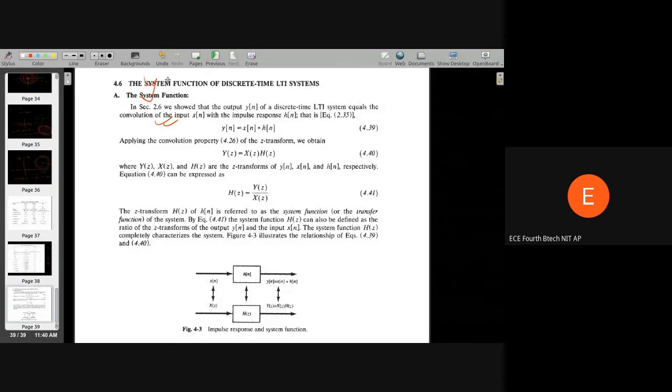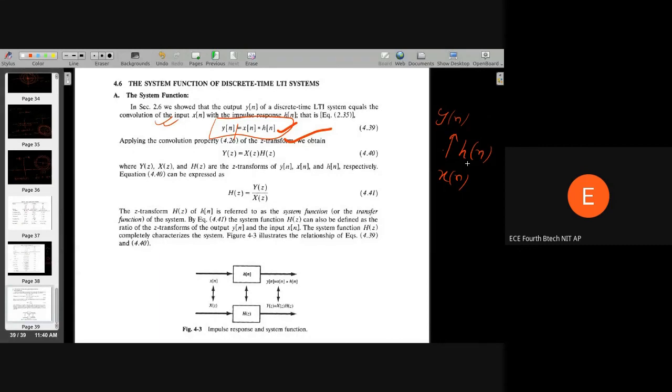So you have an LTI system from where you can get an output if you put an input xn, and the impulse response if you know hn.